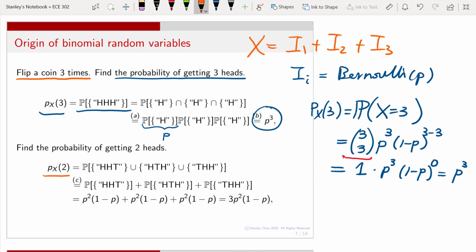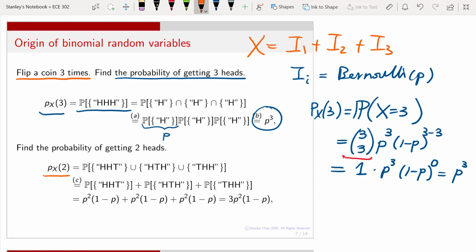When x equals 2, what do you want? x is the number of heads. And so if you have 2 heads, then you really need to have head, head, tail, or head, tail, head, or tail, head, head. So these 3 are computed as a union, and you have 3 different possibilities.